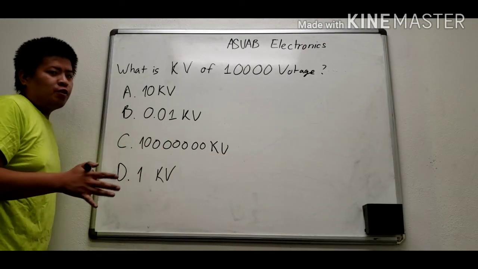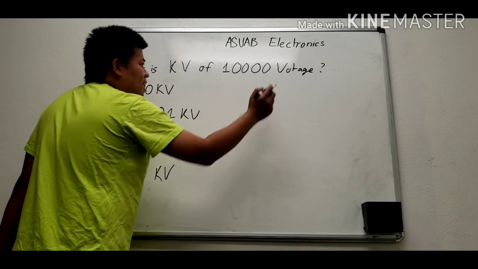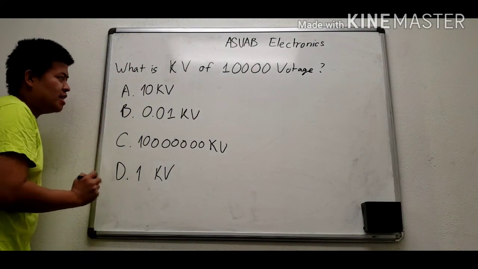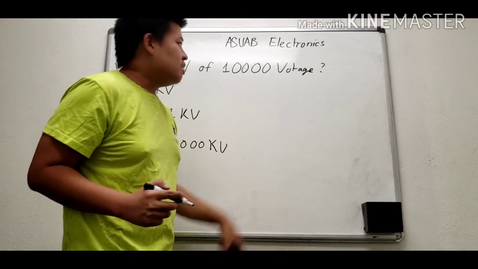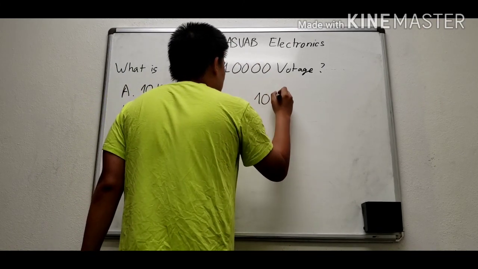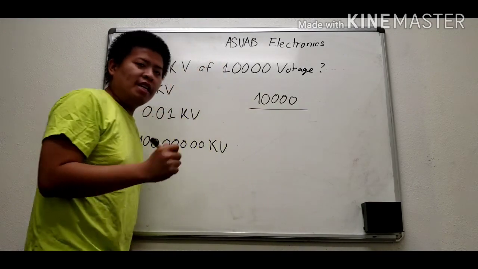As far as electronics, what is a kilovolt of 10,000 voltage? We have A, B, C, D. We see the voltage here, without the unit, is 10,000. We just divide to the kilo.